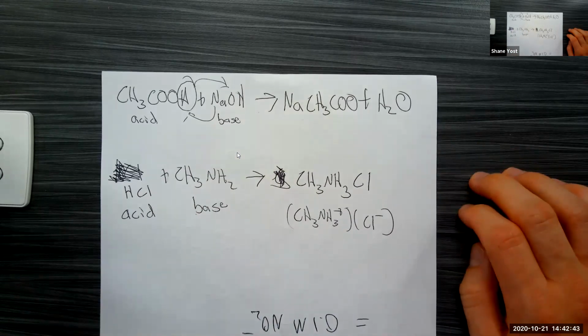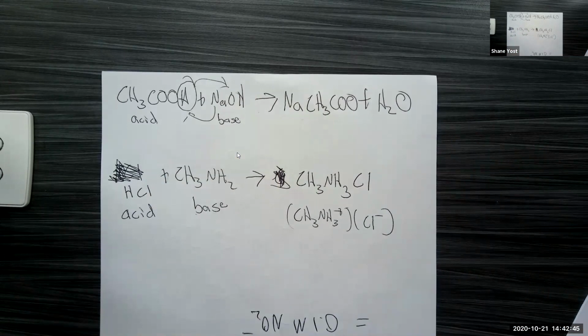So again, in these acid-base neutralization reactions, you're transferring a proton from your acid to your base, and that proton is an H plus ion. Your acid is going to go down in charge and form some sort of anion. Your base is going to go up in charge, producing a cation.